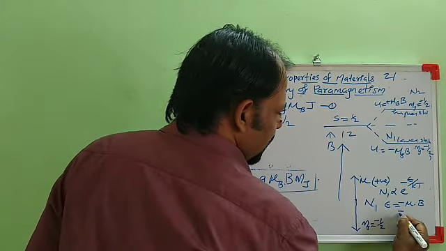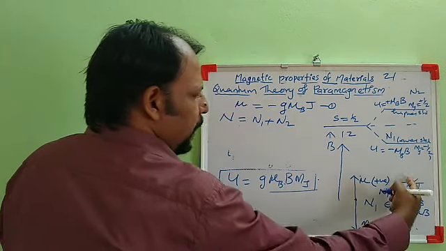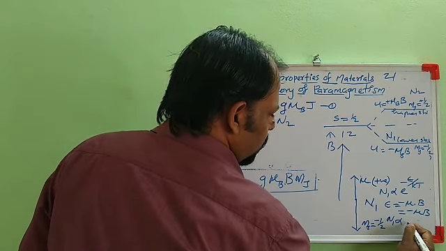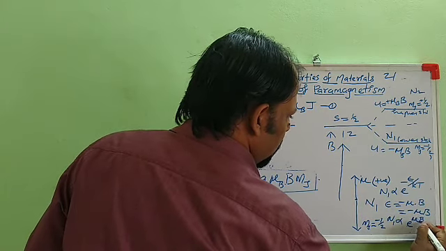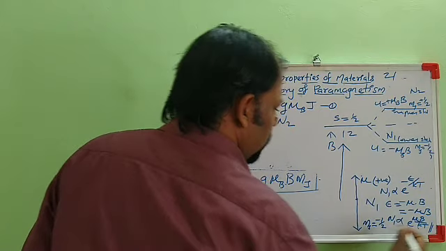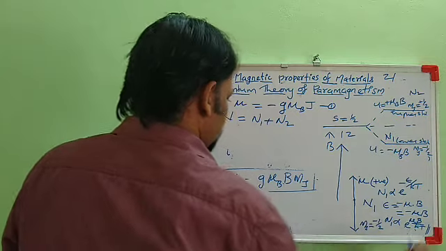So we can write E as minus mu B. So we can write N1 proportional to e raised to minus of minus mu B, so it will be plus mu B by kT. So N1 is proportional to e raised to plus mu B by kT.